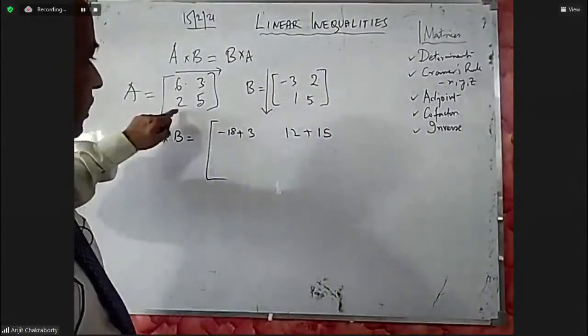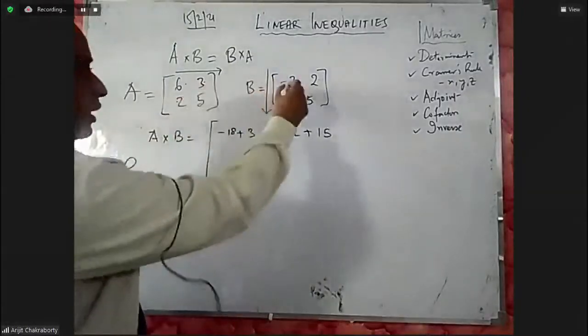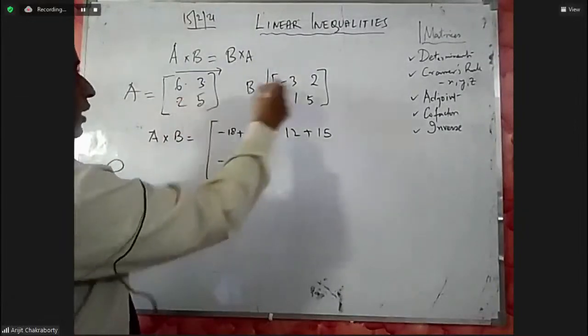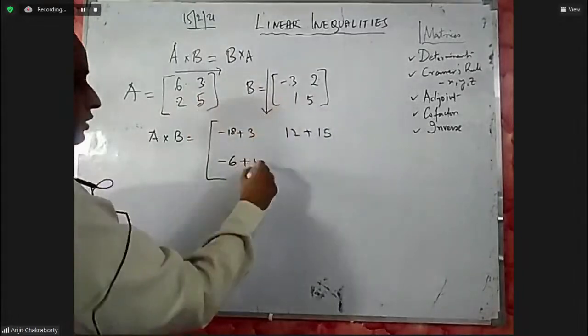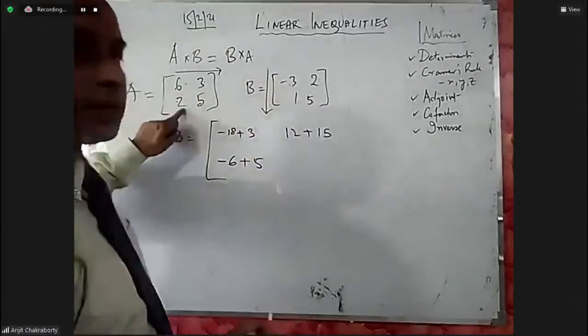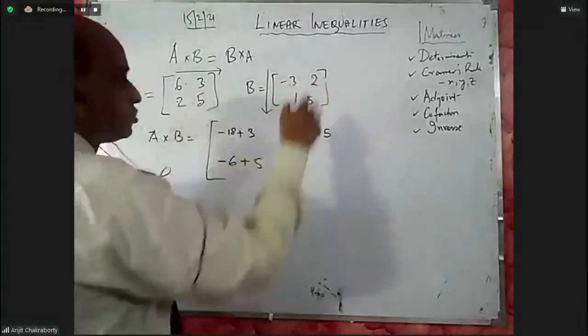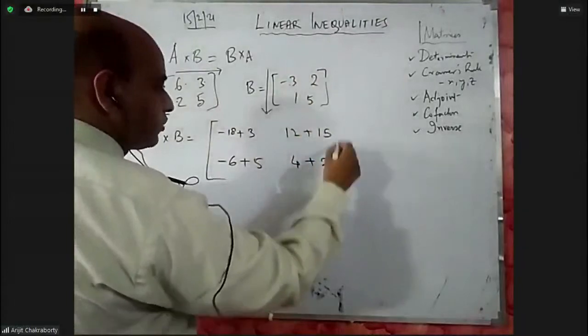Thereafter, friends, I'm taking row number 2 and column number 1. So 2 into -3, that is -6, plus 5 into 1, that is 5. And now I'm taking row number 2, column number 2. So 2 into 2, that is 4, plus 5 into 5, that is 25.